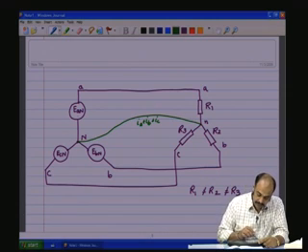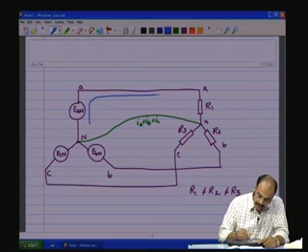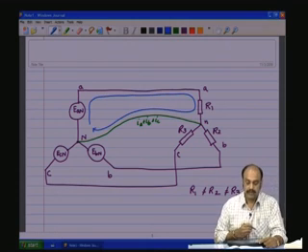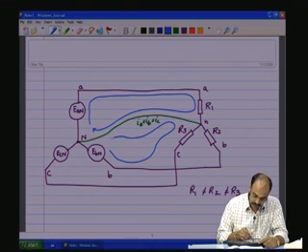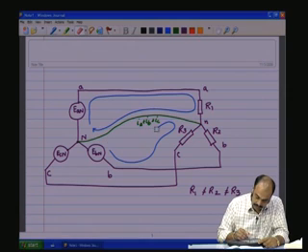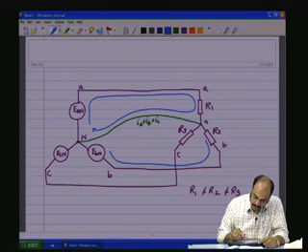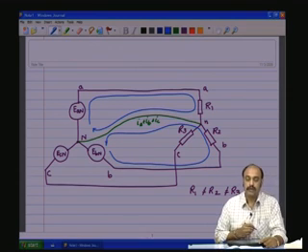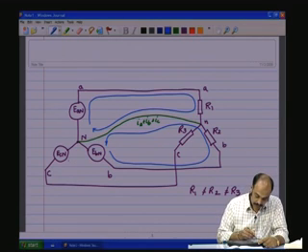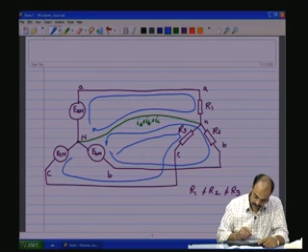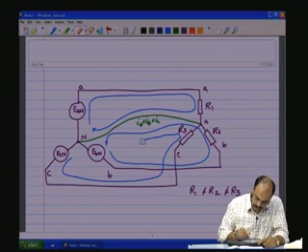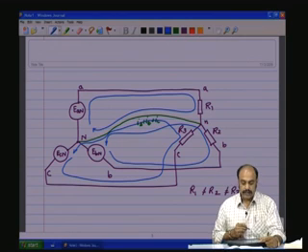When such a connection is made, then EAN and its single phase load becomes an independent circuit, EBN along with its circuit is another independent circuit, and ECN along with its circuit becomes another circuit.